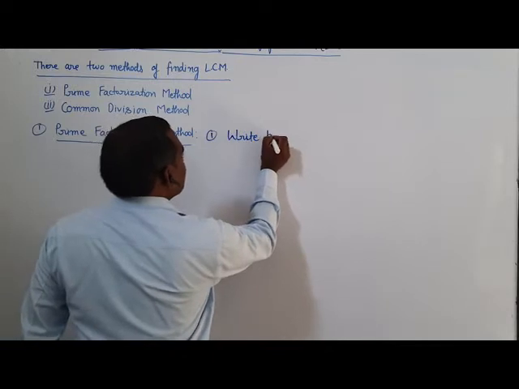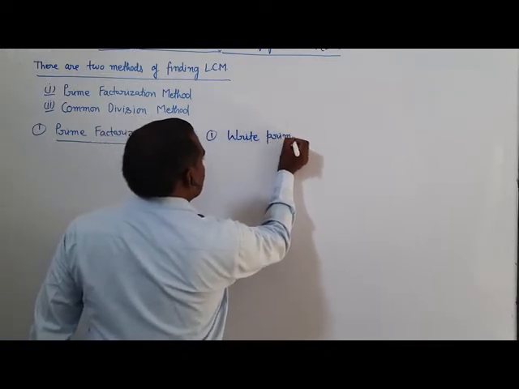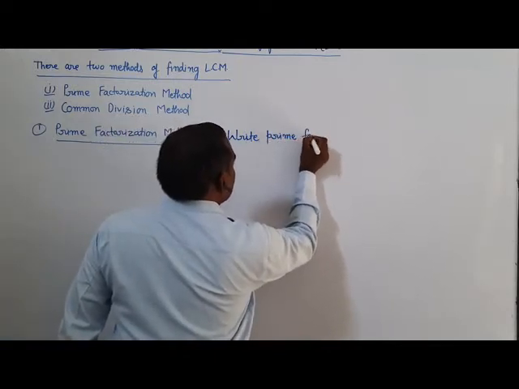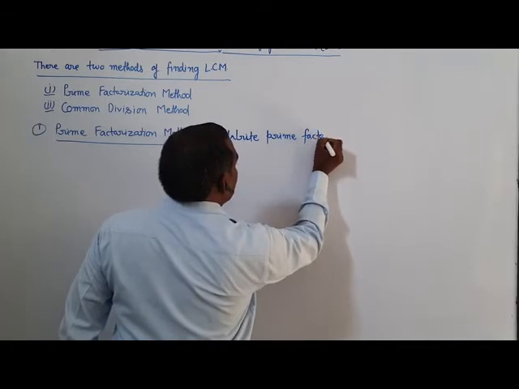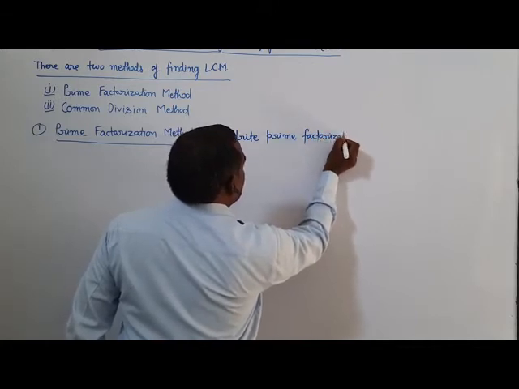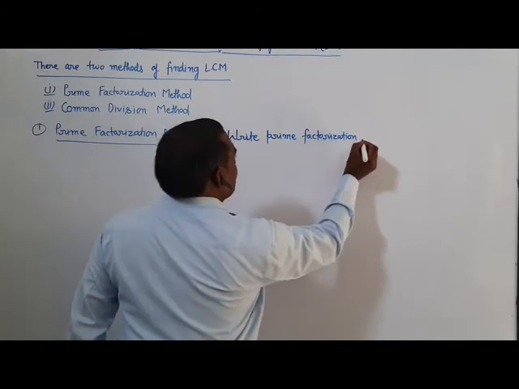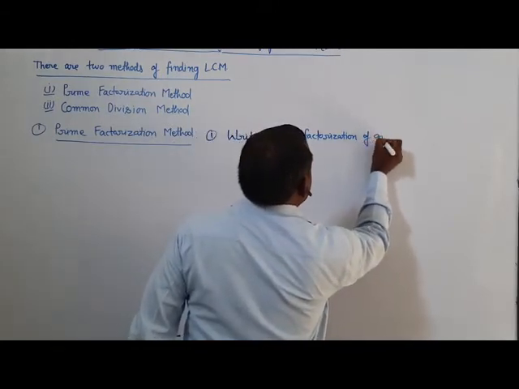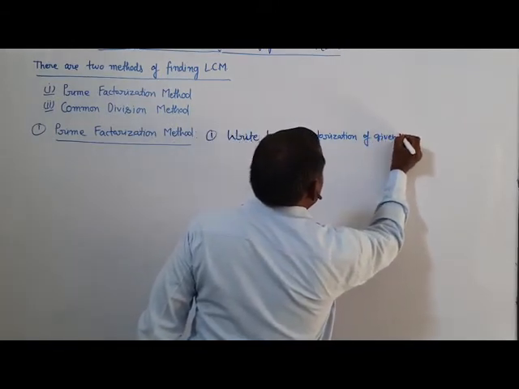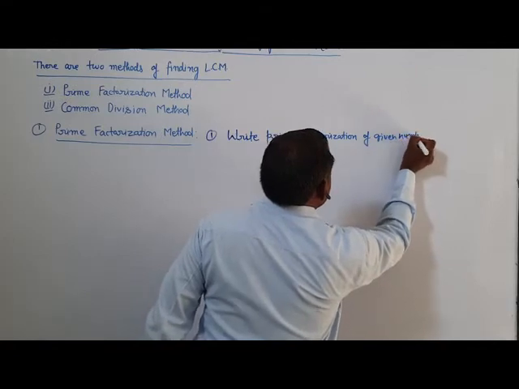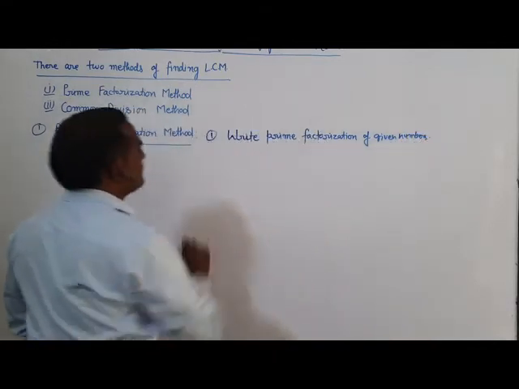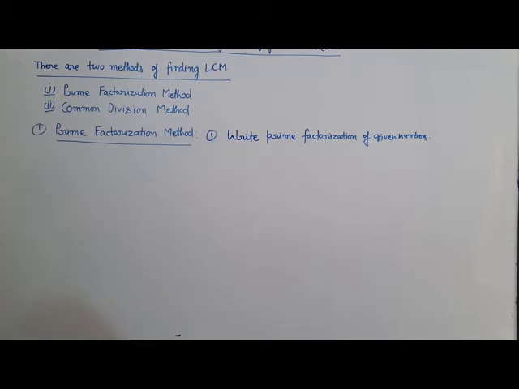This is the first step, right? Prime factorization of the given numbers.